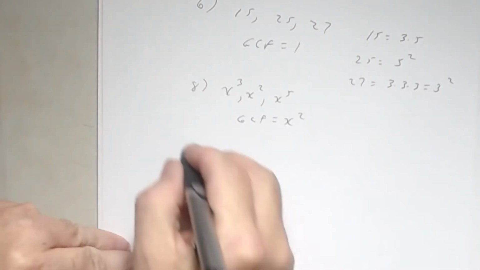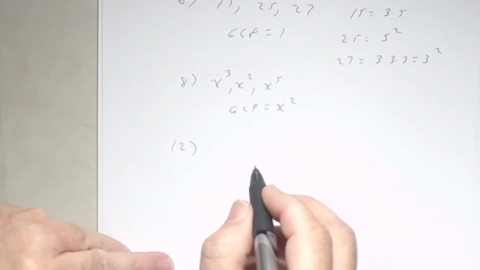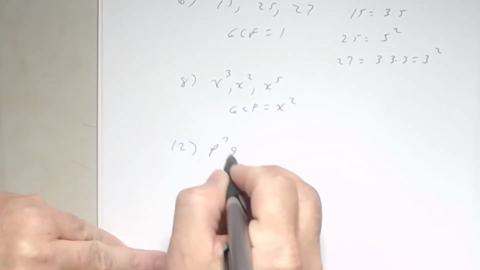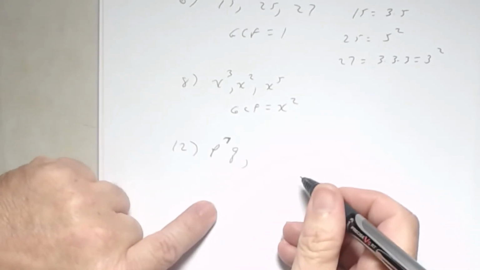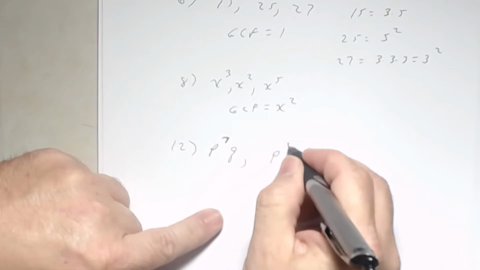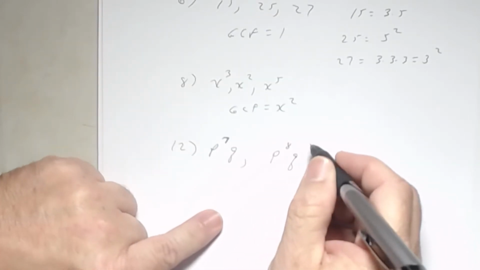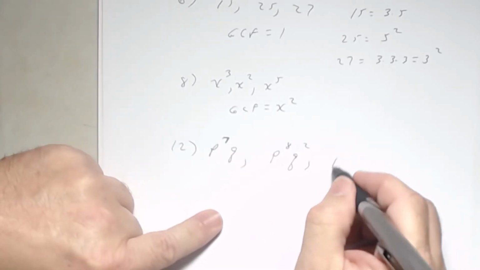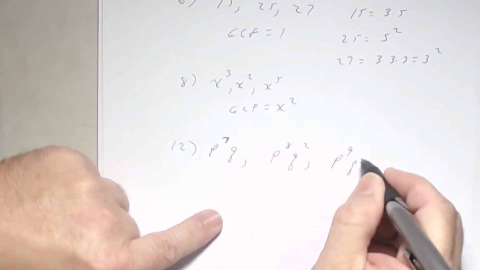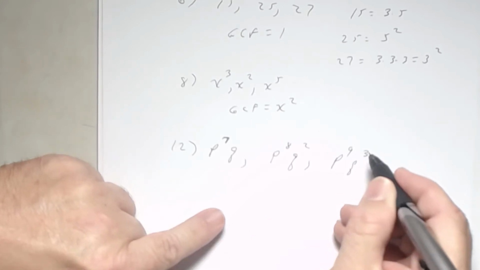All right, let's look at number 12. You have p to the 7th q, that's your first one. p to the 8th q squared, comma, and then p to the 9th q cubed. All right, think about what we talked about a while ago.